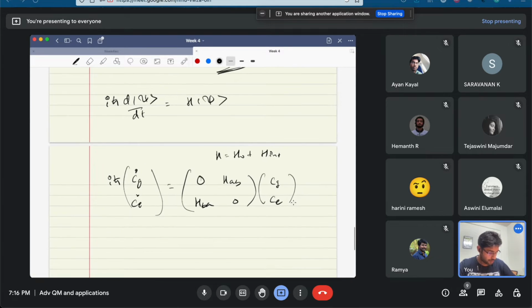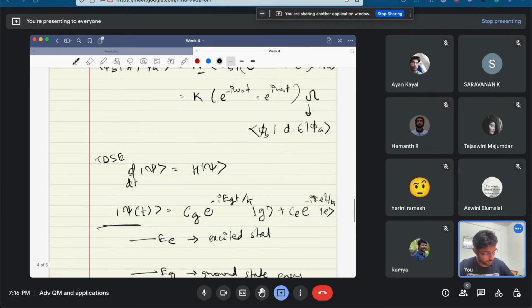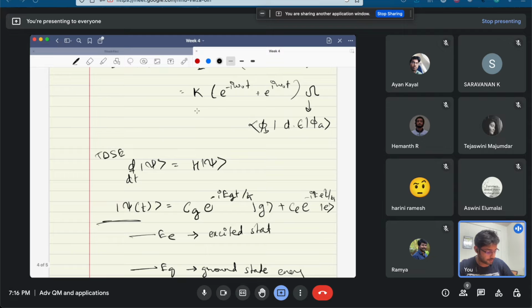Now we are going to use this in the expression here.